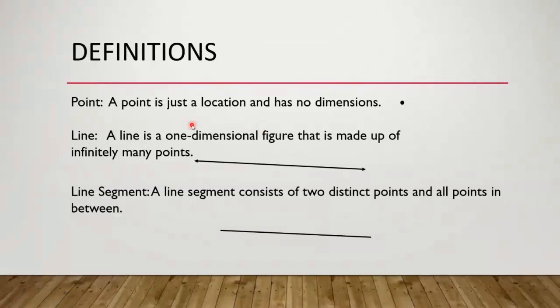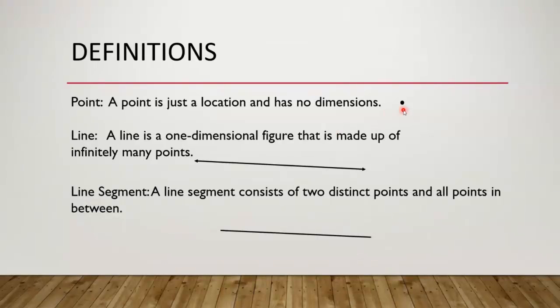The first one is a point. It's kind of hard to define, but it's really just a location and it has no dimensions. In the book, they try to go a little bit more into it, but really that's just what a point is. It's one of those things that's really hard to define, but people try anyway. These definitions also come from the textbook, unless stated otherwise. Not just these, but all the definitions I give.